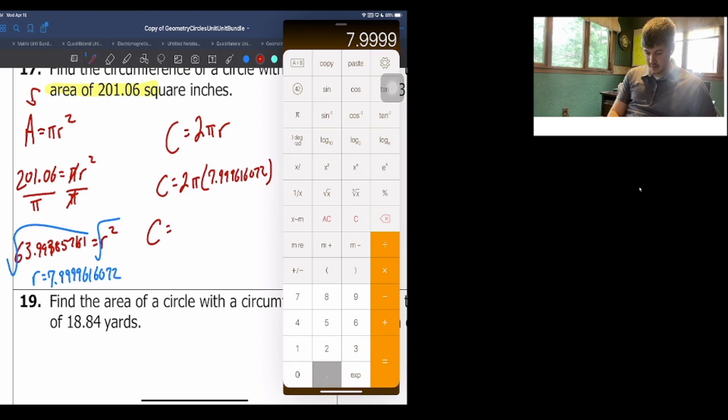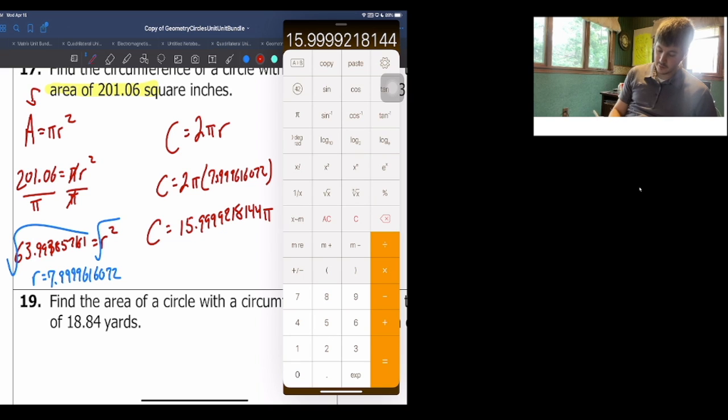I think I missed a 9 in here. 616072 times it by 2. So you get 15.999 pi, or 16 pi, whichever. That's fine for your terms of pi.